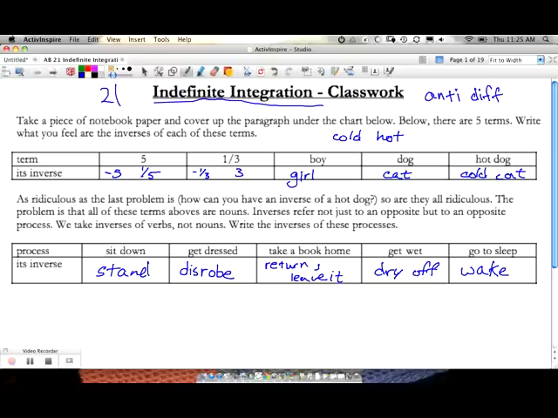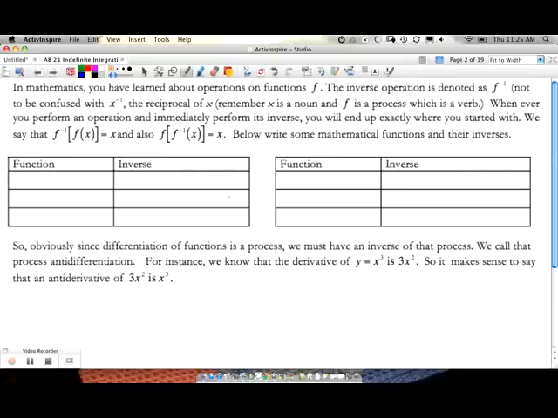So now what we want to look at is how that applies to the processes that we were doing in math. So let's start out with algebra. So a function. Let's say I have x plus 5. What's the inverse of that?